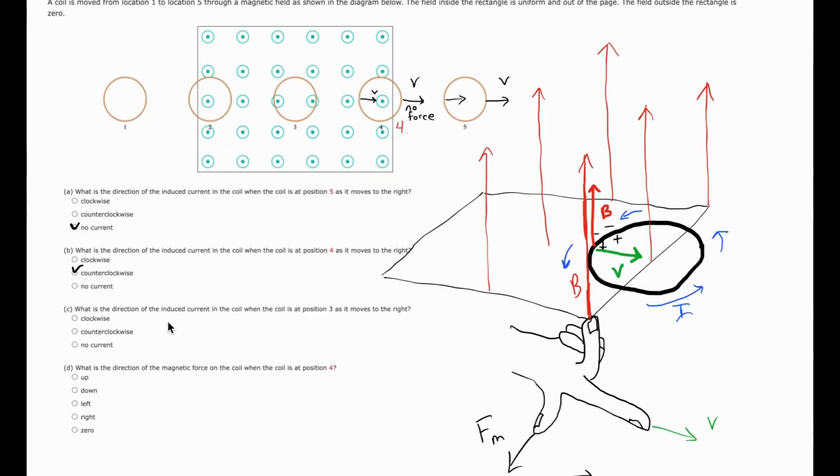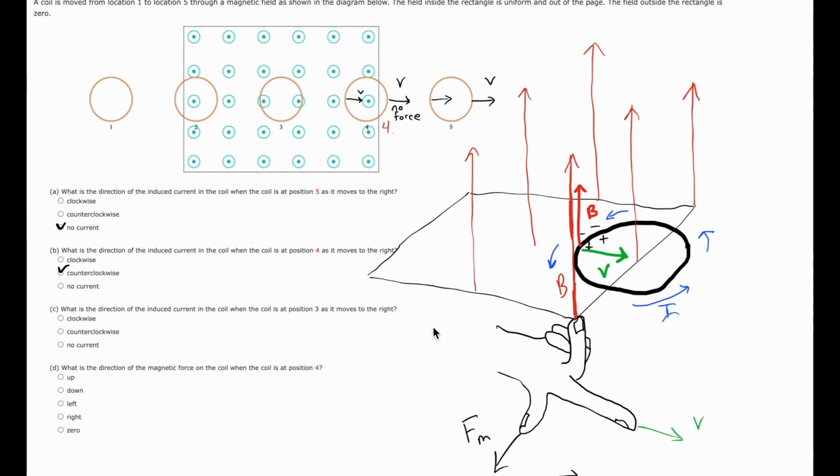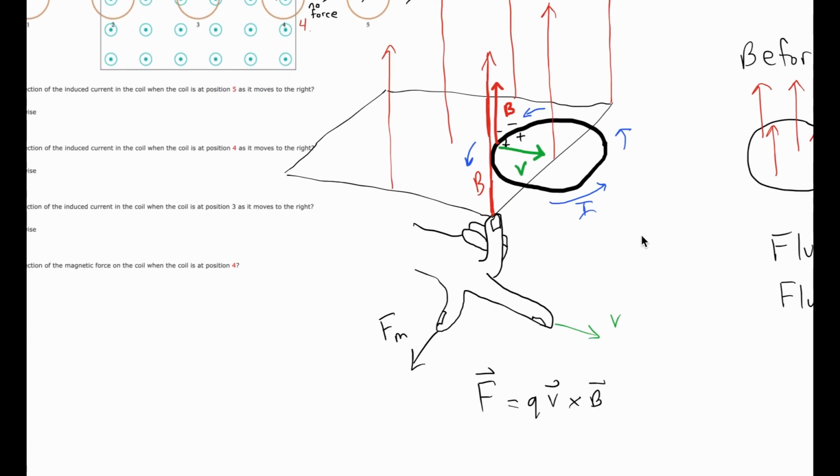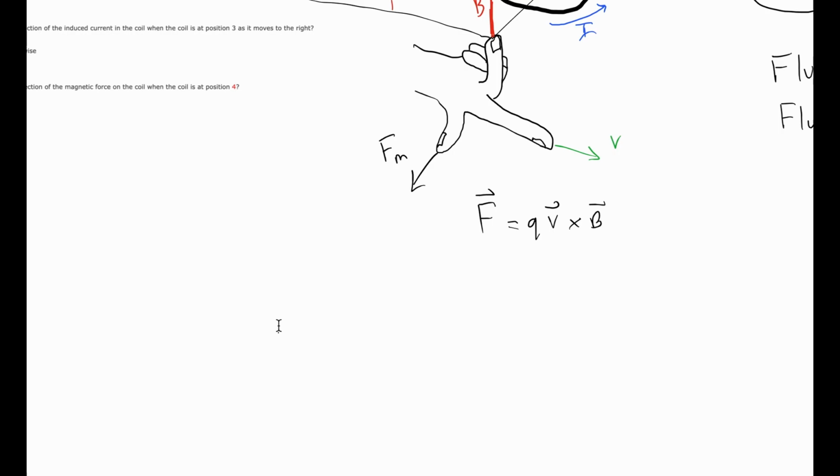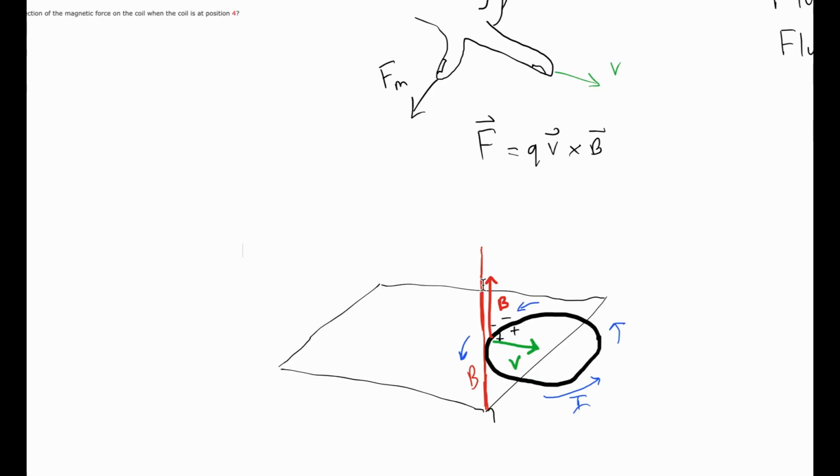What is the direction of the current at position 3? There should actually be no current. The reason why is if we look at the loop now, when it's fully within the magnetic field, I will move it now to the middle.